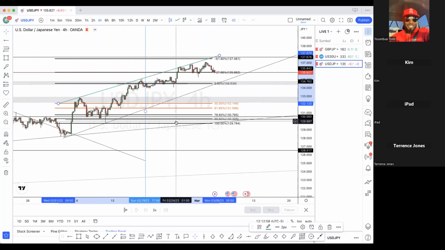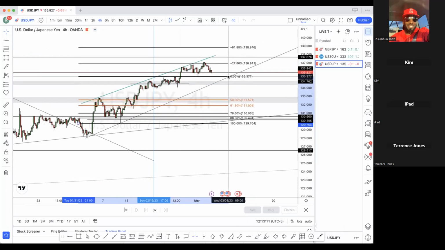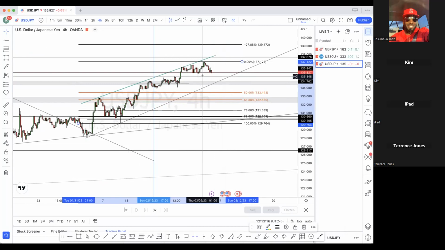That's the end of last week. So I want price to pull back to, so we had this here. Let me move. So now my price range is up to here.